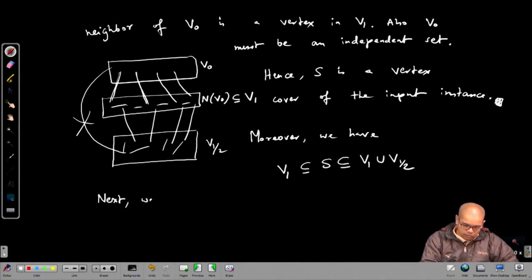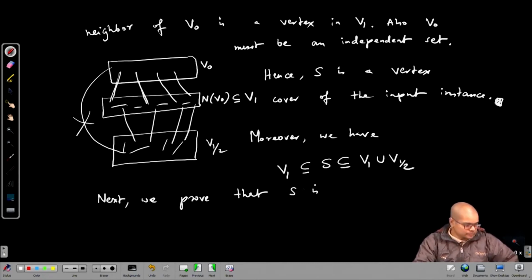Next, we prove that S is a minimum vertex cover.